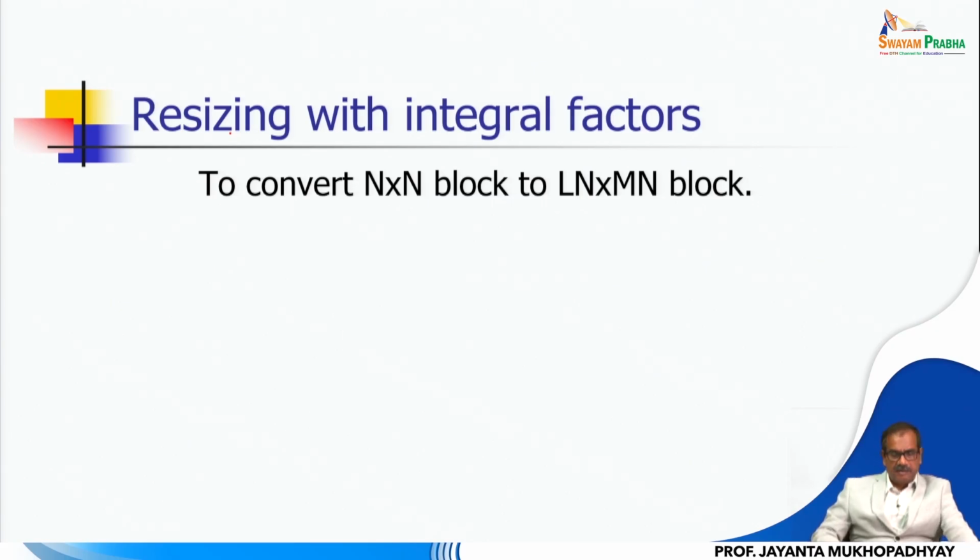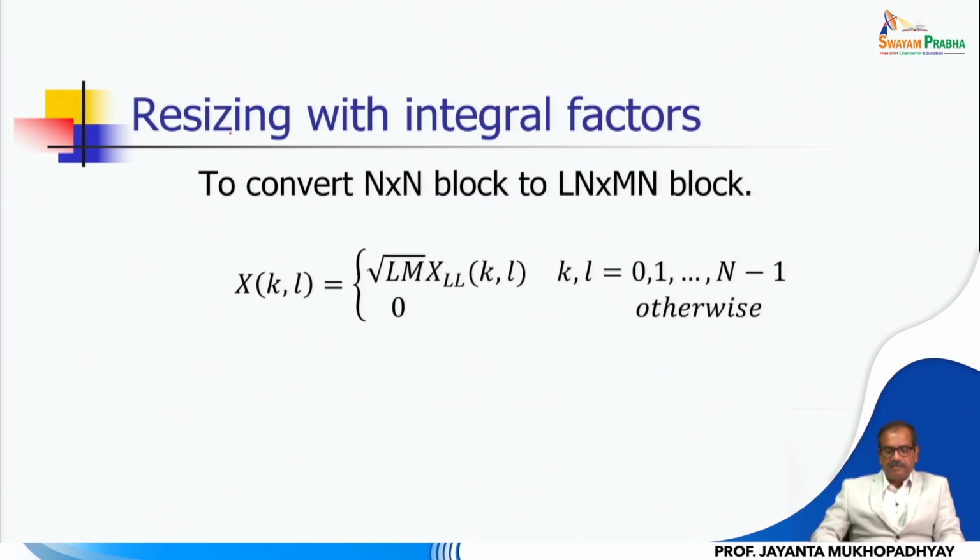So there also we first apply a similar approach. First you convert the n cross n block into a larger Ln cross Mn block by approximation, which means only the n cross n coefficients are approximated in this form.